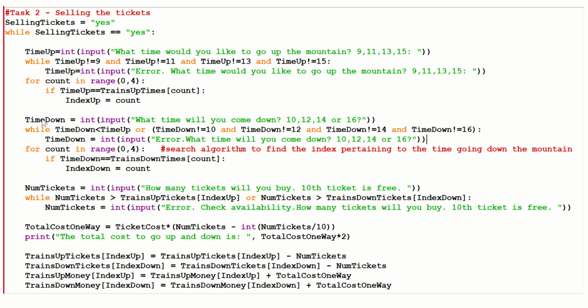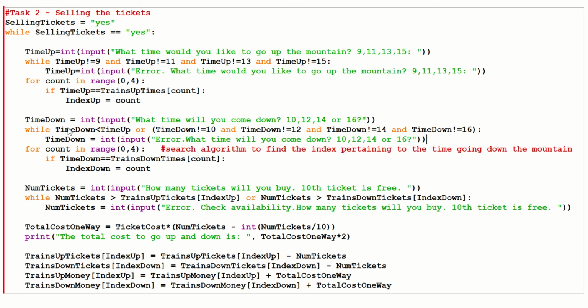So index up would be 2, and over here is the same thing but for going down. Time down equals integer input, either 10, 12, 14, or 16, and while time down is less than time up, so it has to be more when you come down, since going up will be early in the day, right?